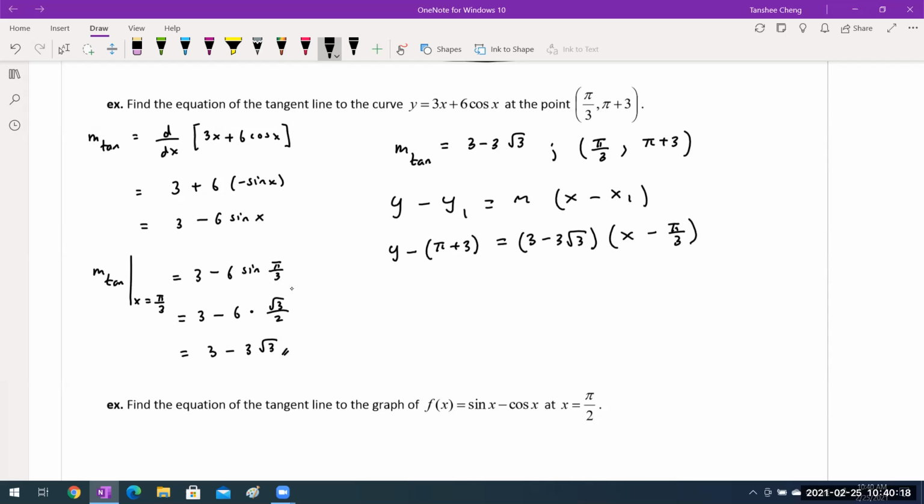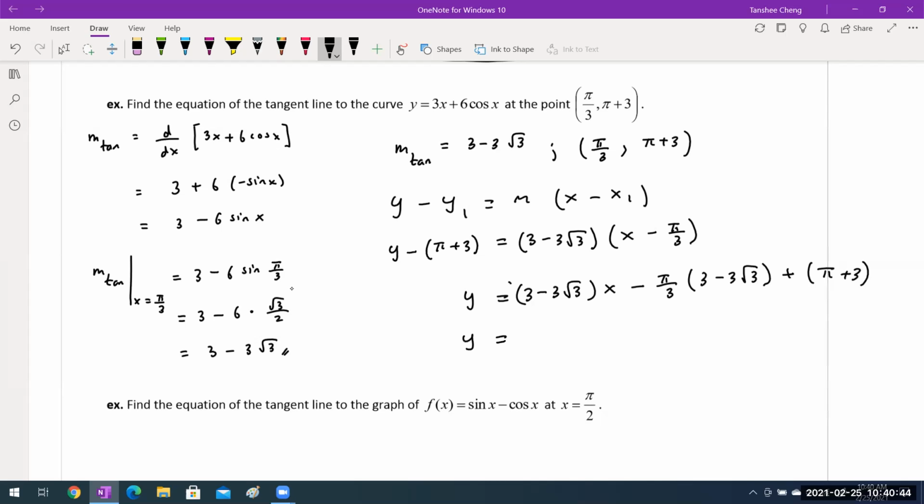And you can simplify it if you want to. Okay, so that would be y equal to (3 minus 3 radical 3) times x, and then when you distribute it, that will be pi over 3 times (3 minus 3 radical 3) plus pi plus 3.